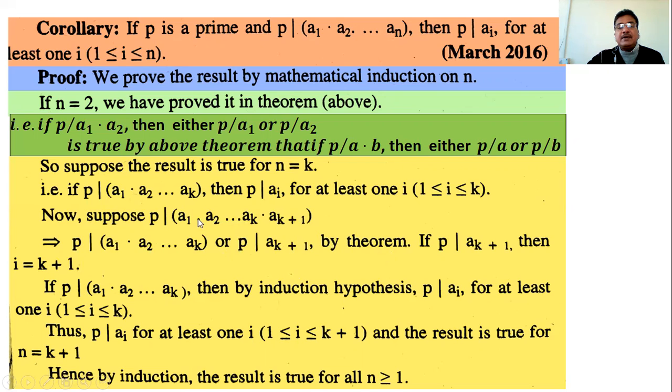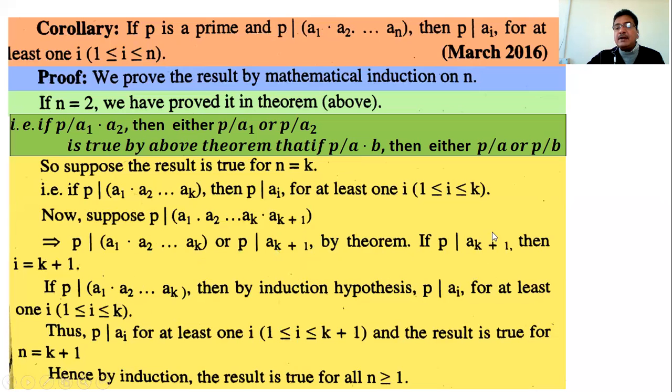So consider A1 times A2 times up to Ak as one number, suppose A, and Ak plus 1 as B. Then P divides A times B, and therefore by the above theorem P divides either A1 times A2 times up to Ak, or P divides Ak plus 1. This is the theorem that if P divides AB, then either P divides A or P divides B.